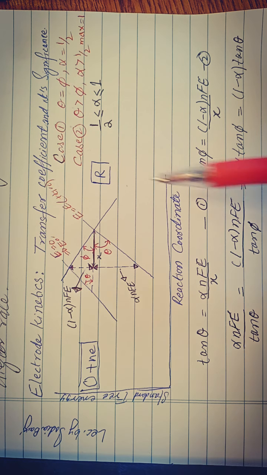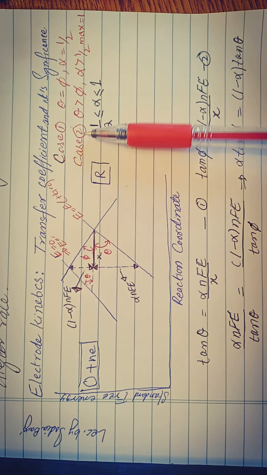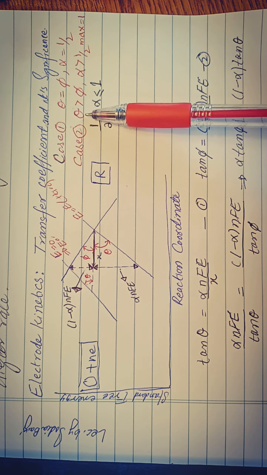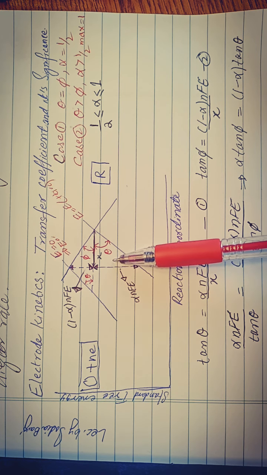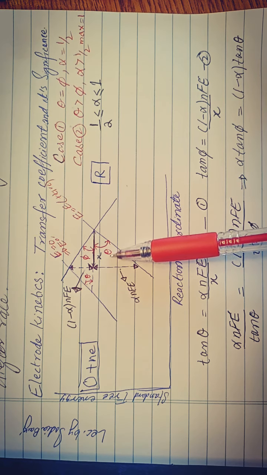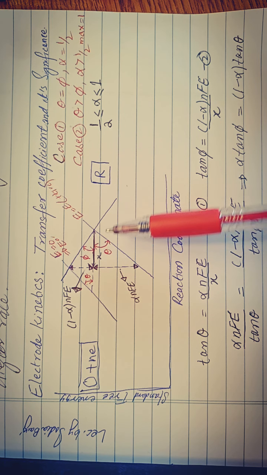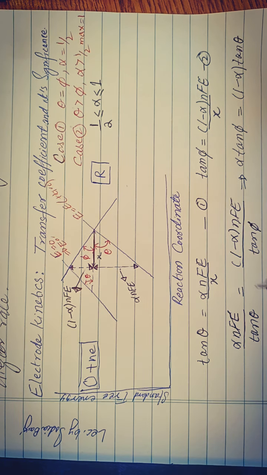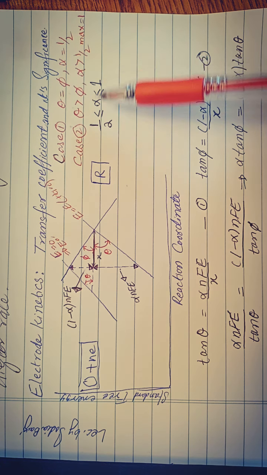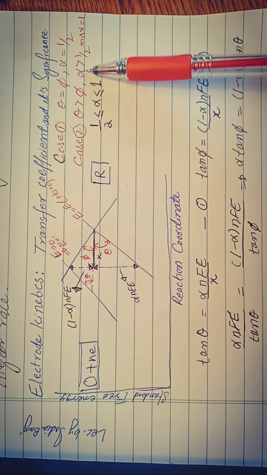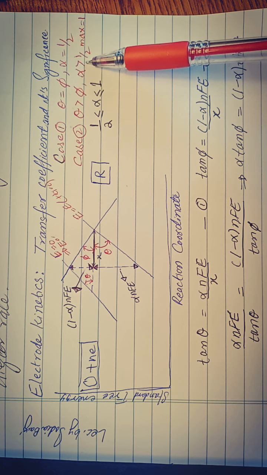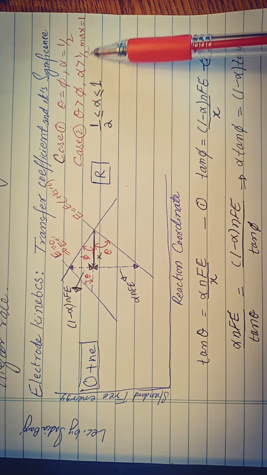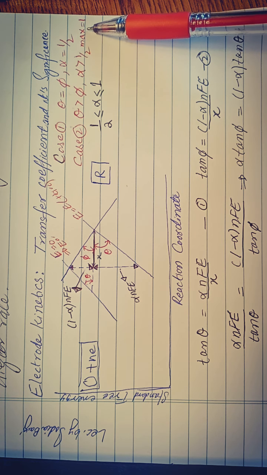For case number 2, in which the angle theta, as in this diagram, is greater than phi, if we calculate the value of alpha from equation 3, the value of alpha will be higher than half or 0.5, and at maximum it can be equal to 1.